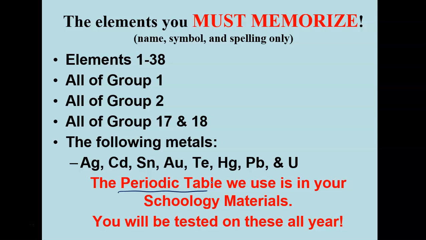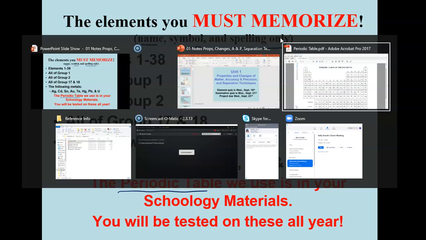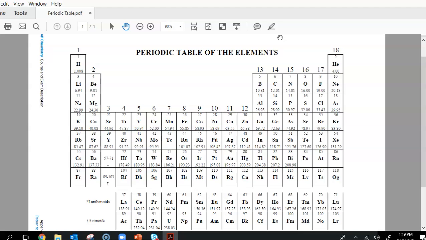And I'm going to give you a visual of what it is and explain which elements you need to memorize. So it's the name, symbol, and spelling of it only. Please do not memorize any atomic numbers or atomic masses. Nor do you need to memorize where these elements are on the periodic table.